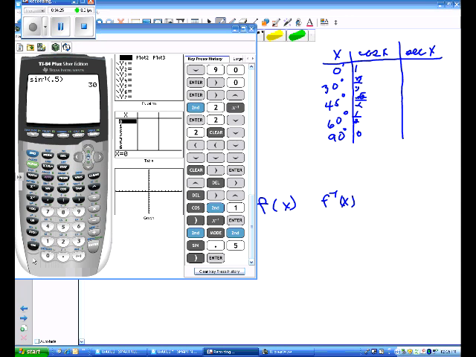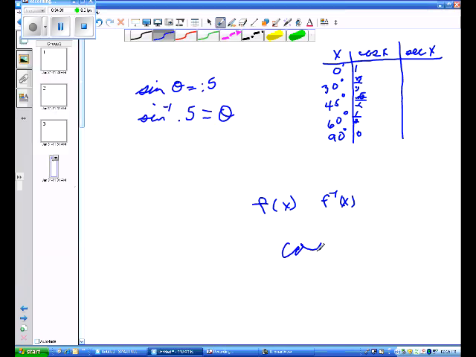If we wanted, say, the cosine of what angle equaled 0.9770. This is one we don't know. So what we're actually asking is the inverse cosine of 0.9770 equals what angle? So we're looking for the angle.